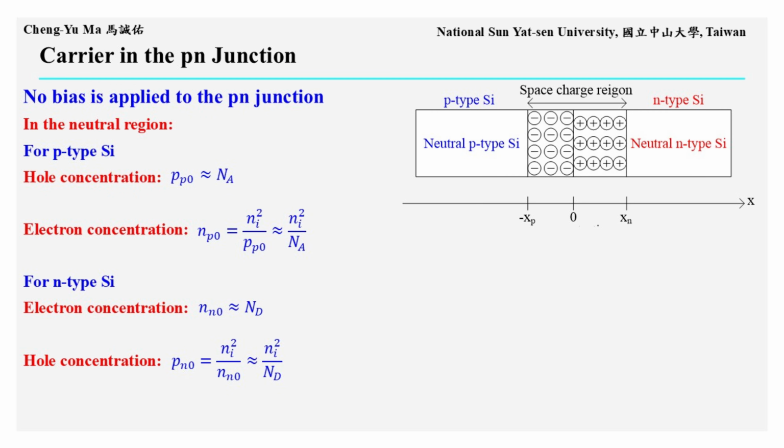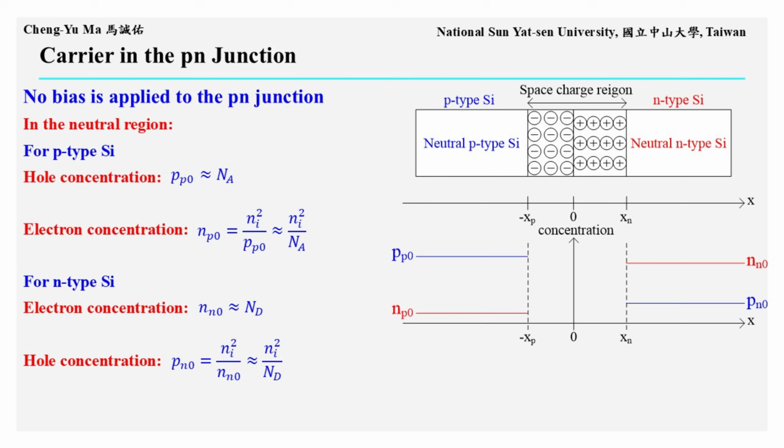For a neutral n-type semiconductor, the concentration of the majority carrier electrons, nn0, is approximately equal to the doping concentration, Nd. The concentration of the minority carrier holes, pn0, is equal to ni squared divided by nn0 and is approximately equal to ni squared divided by Nd. Therefore, we can obtain the carrier concentration distribution shown in the figure on the right.